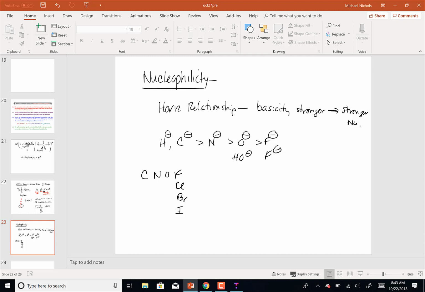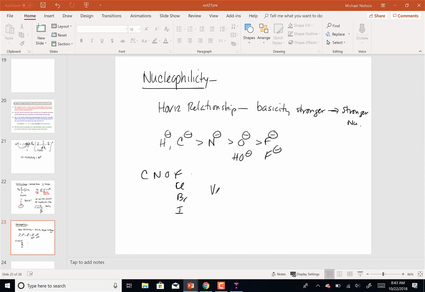When we get to vertical relationships, it turns out that the experimental data doesn't match the strength of the base. So in other words, when we go up the periodic table, F minus should be the strongest nucleophile of Cl, Br, and I if basicity was the factor, but it turns out it's exactly the opposite.